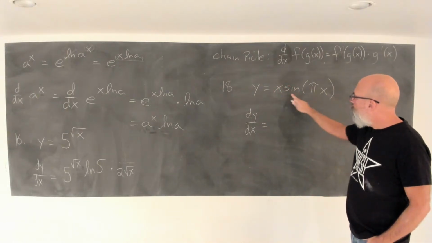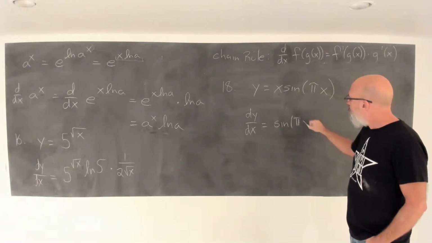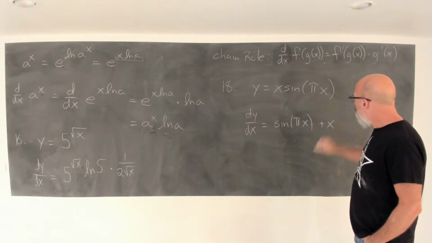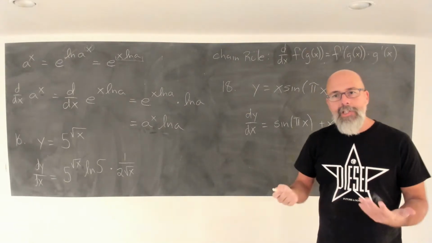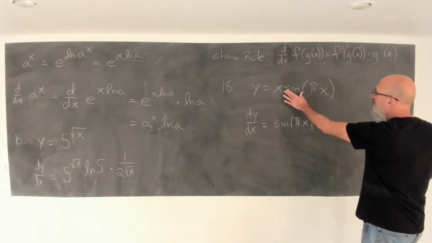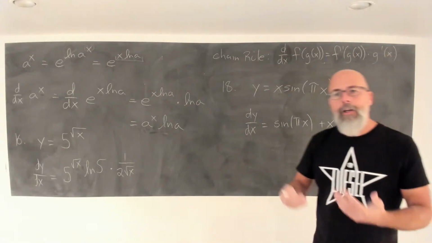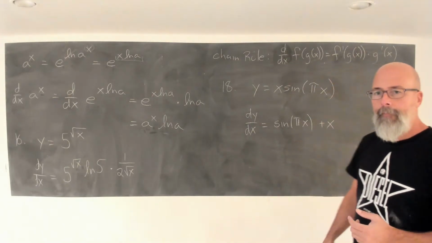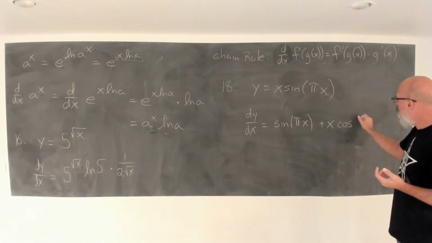So differentiate the first one, leaving the second one fixed. Plus, leave the first one fixed, differentiate the second one. What's the second one? Second one is sine of pi x, sine of something. Derivative of sine is cos.